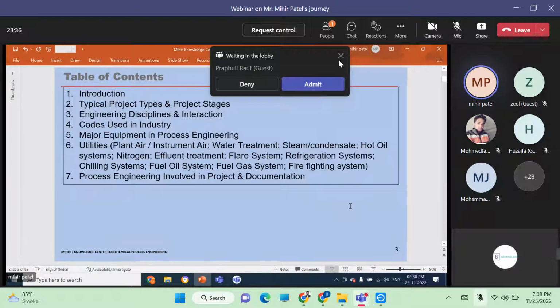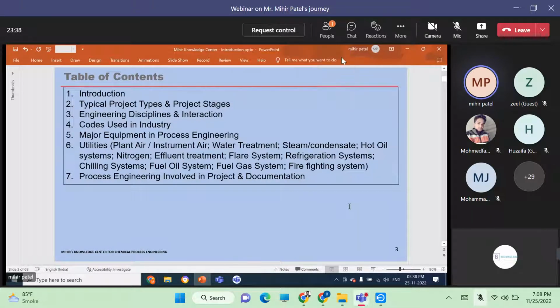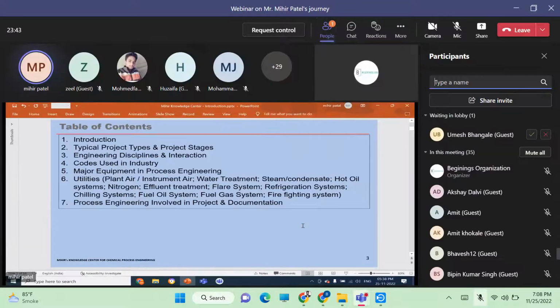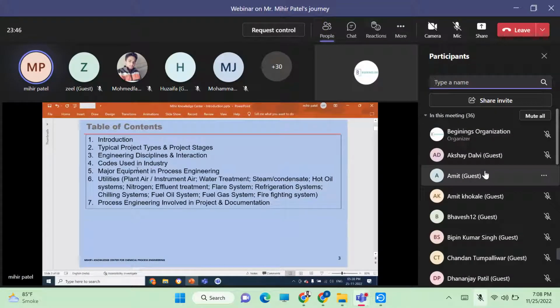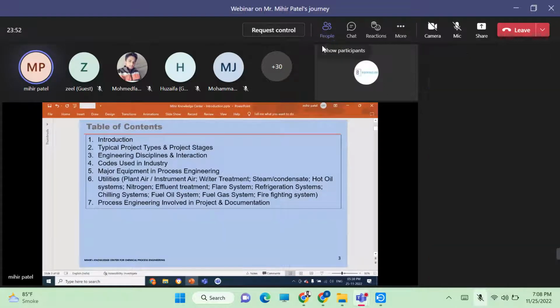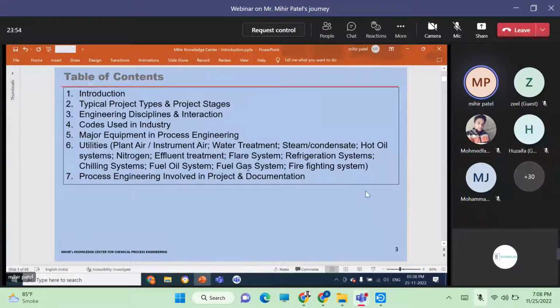So overall, I'll try to give you a perspective of what is process engineering and what things are involved, how the systems are, etc. We'll cover a few equipment also: pumps, compressors, and heat exchangers very briefly. And utilities, there are many utilities, I'll try to cover this also. And then finally, what is the documentation produced? This is a very important topic in design engineering.